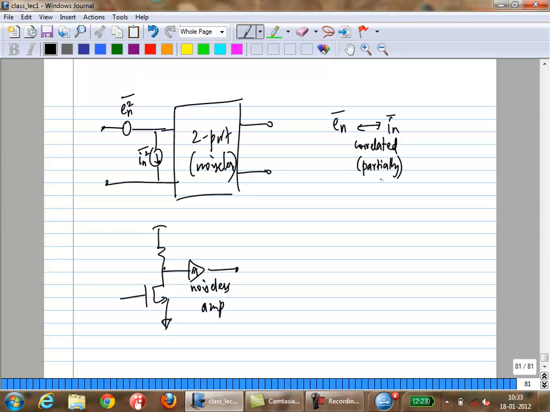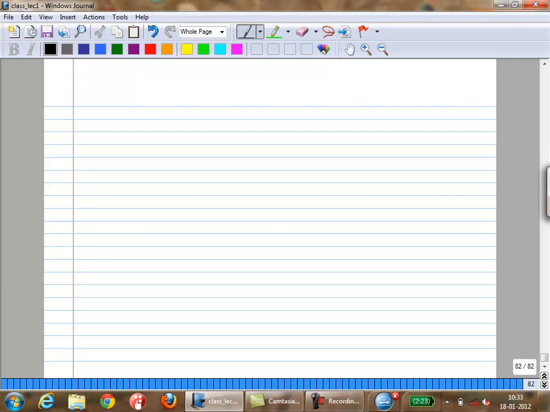Okay, so let's do one thing. Let's take an example and try to go through it. So today we'll just go through a simple resistive circuit. Okay, go through the example of finding En and In. Maybe next class we'll take a MOSFET based circuit and do the same thing.